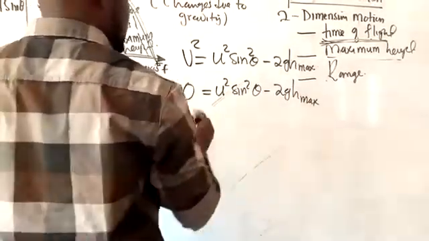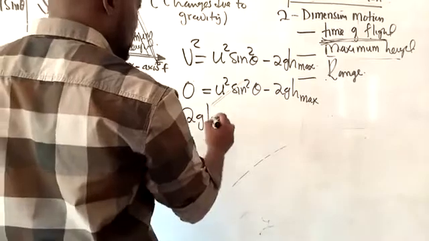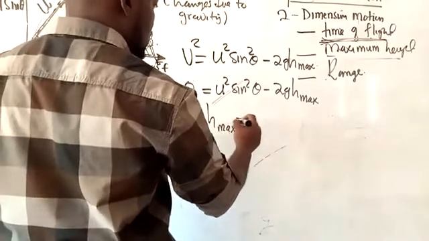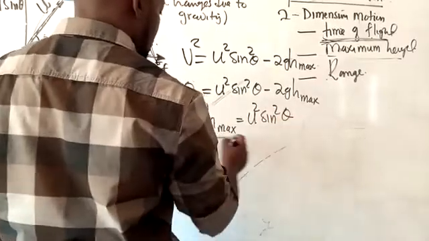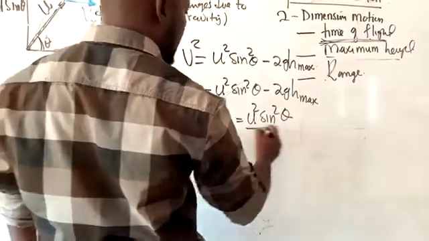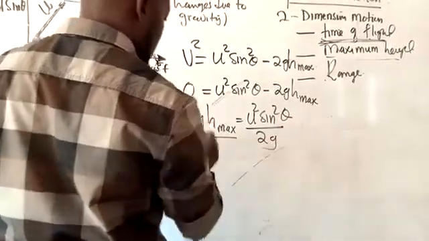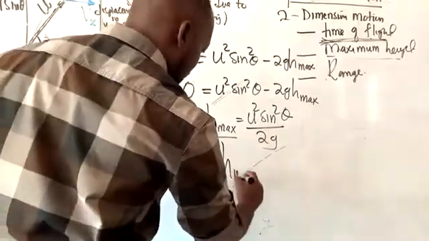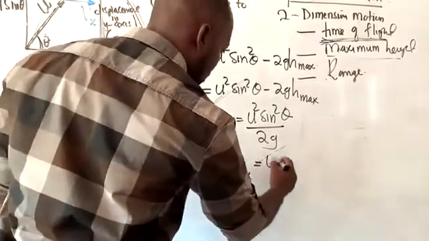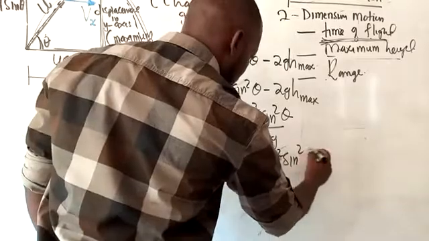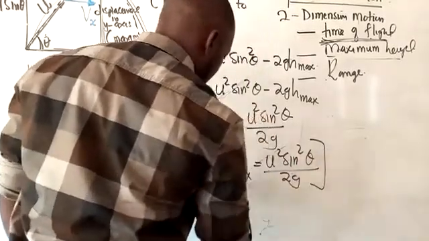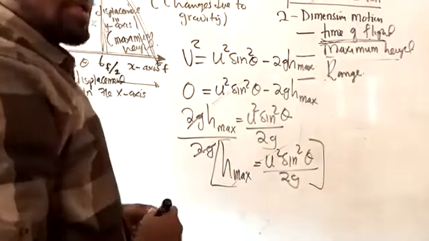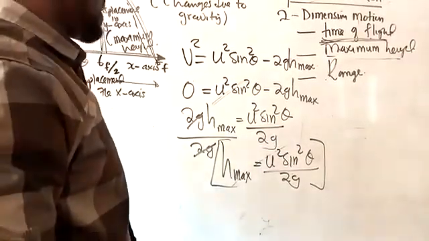So we take this to the other side: 2g h max equals u squared sine squared theta. I divide both sides by 2g, and that and that go. We have h max equal to u squared sine squared theta over 2g. So that will be the maximum height.